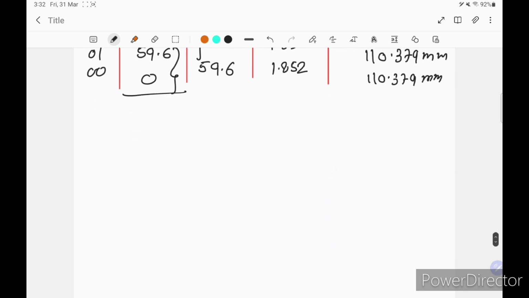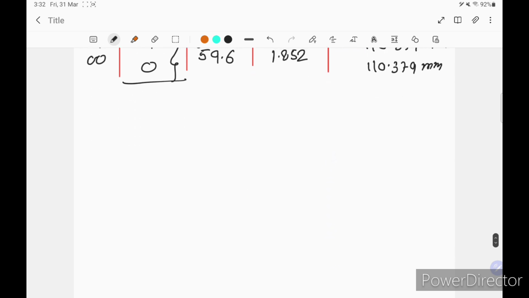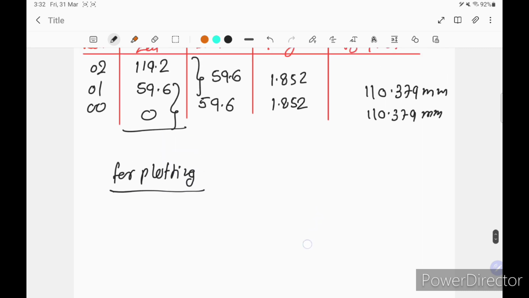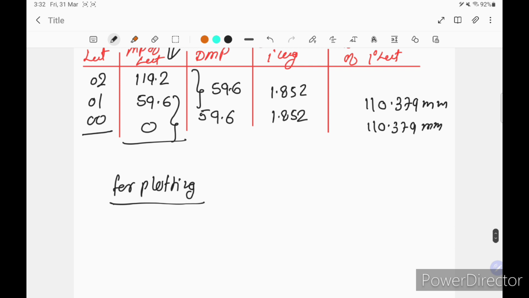Now since we cannot plot directly on the chart on the paper, we have to reduce the scale. Okay, so for plotting, we calculate this for the equator. It is the same distance whether you go north or south.